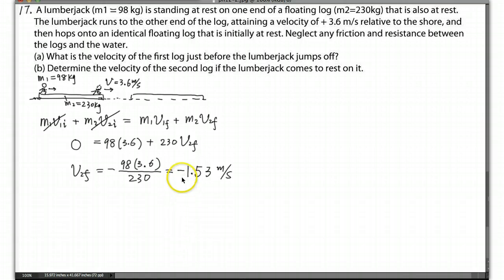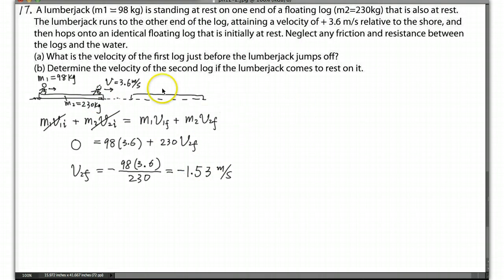To explain the negative sign, it must mean it's in the opposite direction to the 3.6, which makes sense. If the person is running in this direction, it must push. While the lumberjack is running, his foot is pushing the log backwards, right? So eventually, you should have a negative velocity of the log.